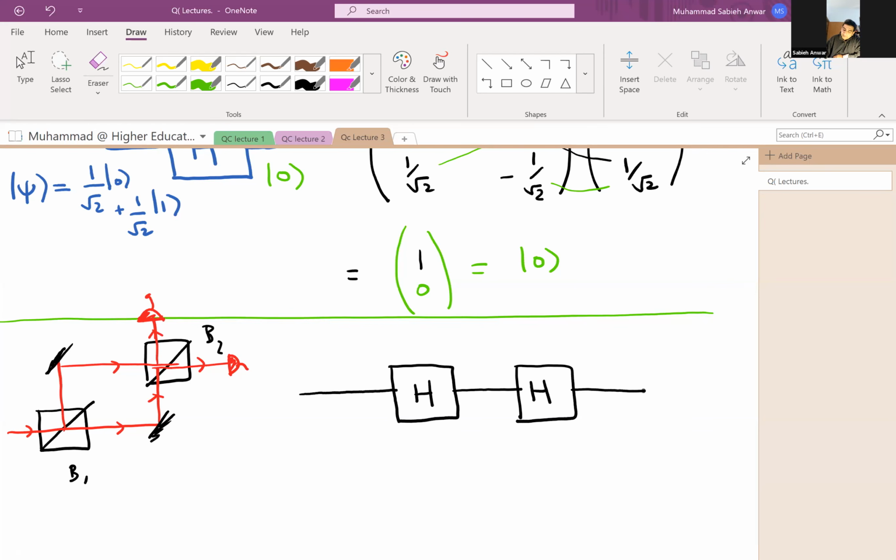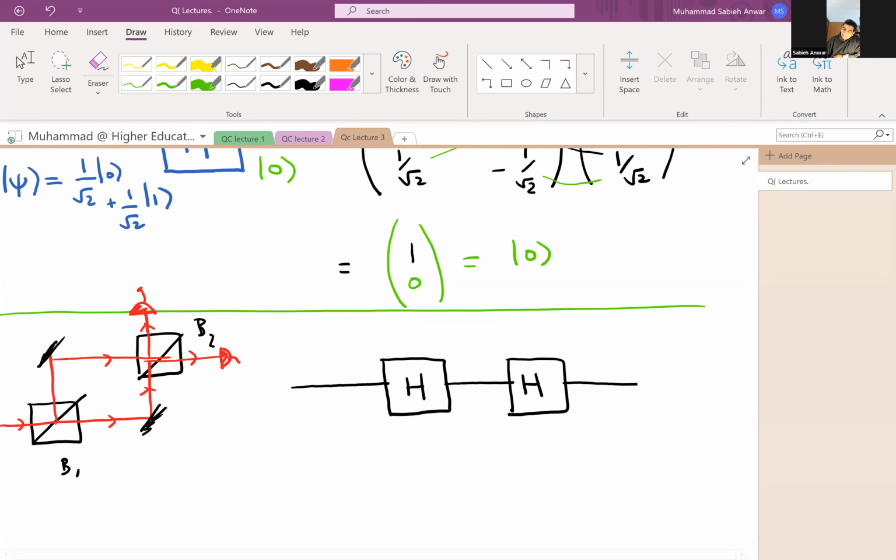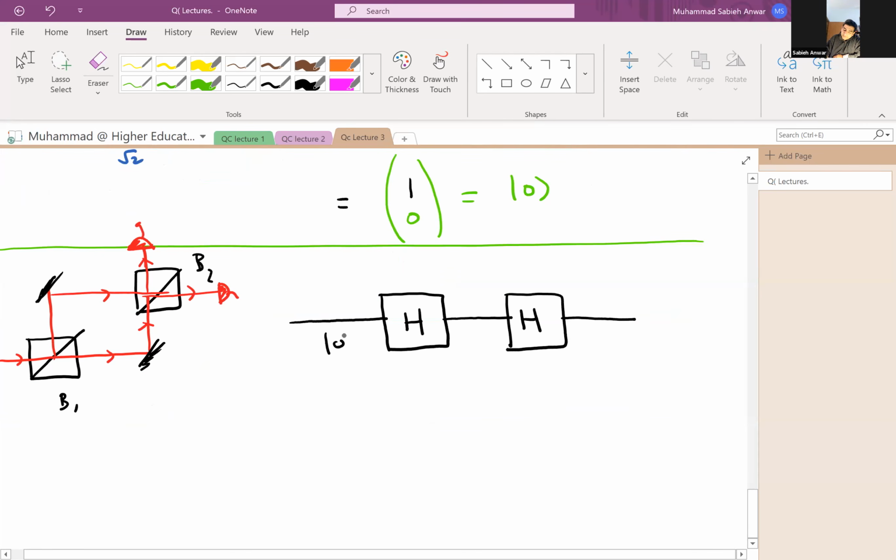So what we did in the previous lecture, I input ket 0. This gate creates a superposition. This gate, the second beam splitter, does an interference, and the output is again ket 0.